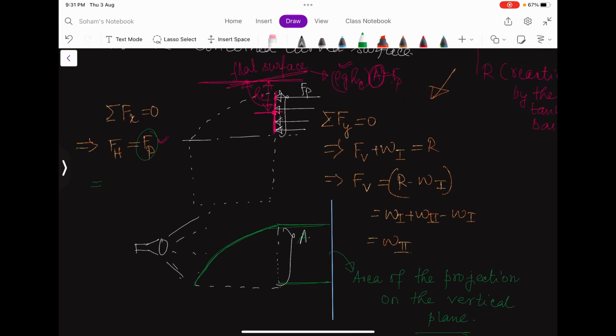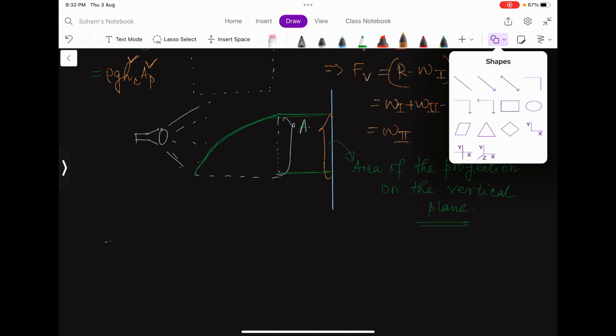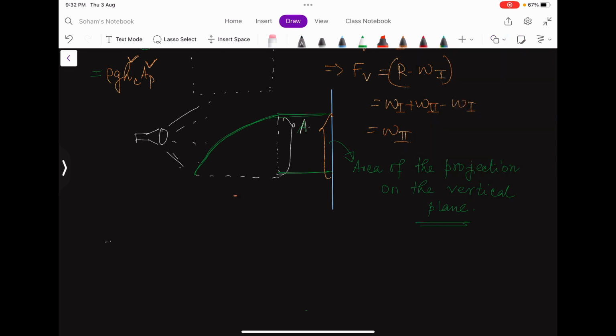So Fp is nothing but rho g h centroid into area projected. This h centroid and this projected area both have to be determined from this projected area. For example, if you have a circular surface, let us consider a semicircle actually.